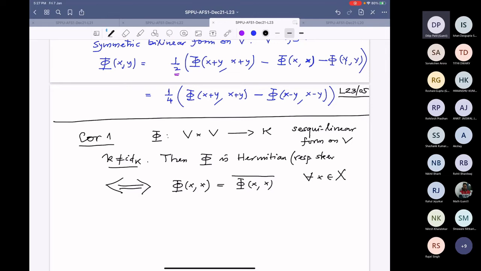Skew Hermitian, respectively, phi(x, x) is equal to minus phi(x, x) bar for every x. With v, not x.